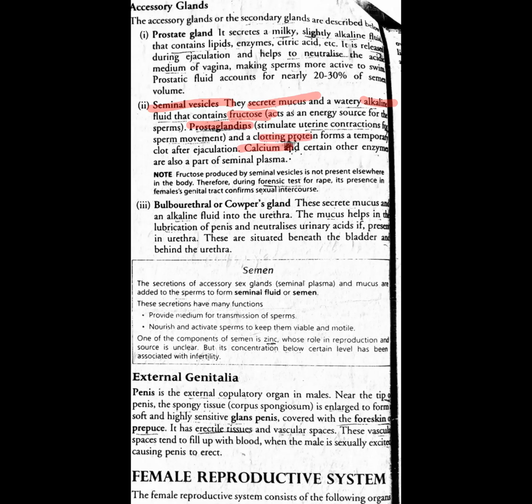So see the components of the seminal vesicle secretion: mucus, alkaline solution, fructose, calcium, and prostaglandins.